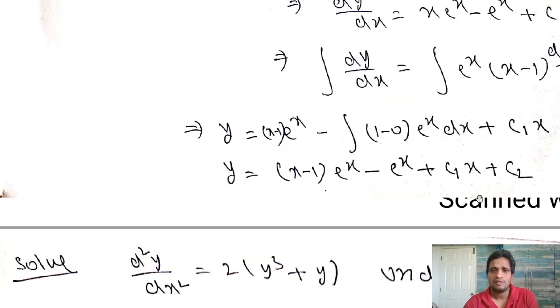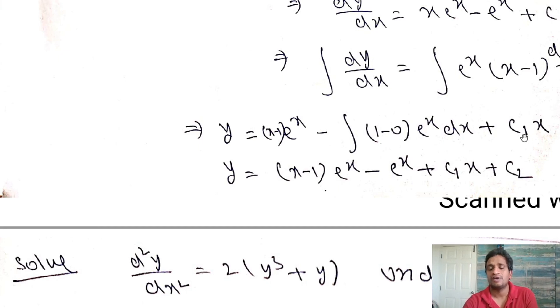So again, one more time we are integrating dy by dx, and integrating this total value including constant c1 also. So y is equal to the integral of e power x into x minus 1, again you apply integration by parts. So x minus 1 into e power x minus the differentiation of x minus 1, which is 1 minus 0, into the integration of e power x, which is e power x only, dx, plus the integral of c1 dx.